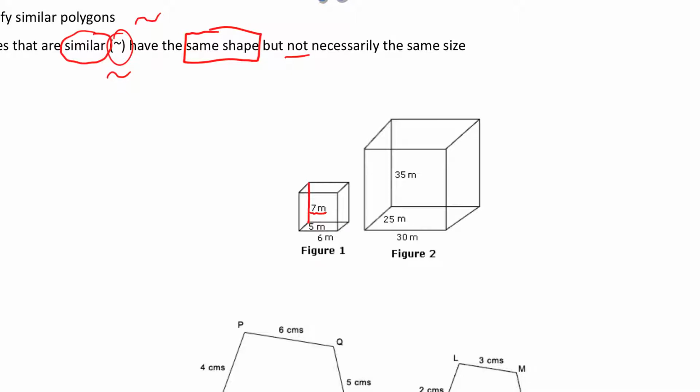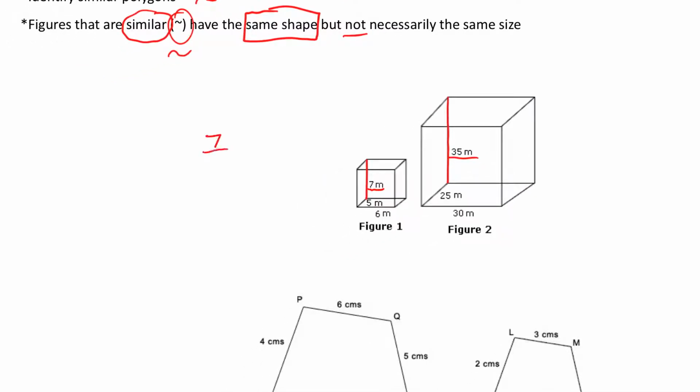On the bigger one, which one corresponds to that? 35. So I'm going to say the 7 is to the 35. The 7 grew to a 35.